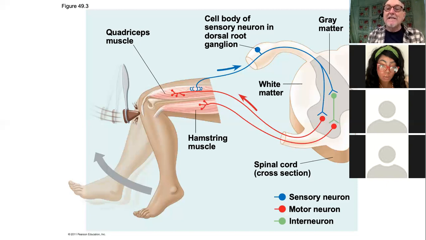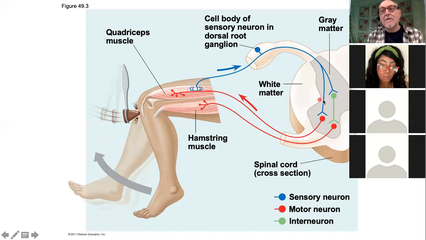And it communicates directly with a motor neuron, which runs to the muscle. So you stretch this little stretch receptor, it immediately sends a message to the muscle and tells the muscle to contract. There's no processing by the brain, and it happens almost instantaneously, as soon as the message can make its way around. But it's a little bit more complicated than just sending a message.